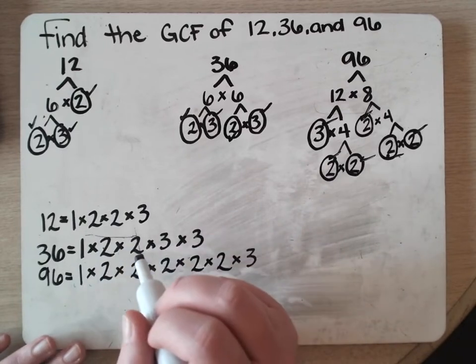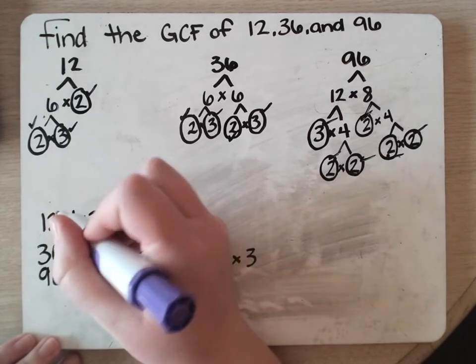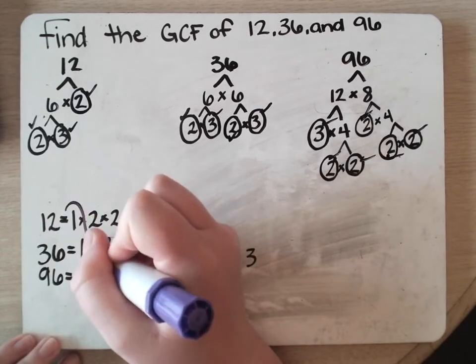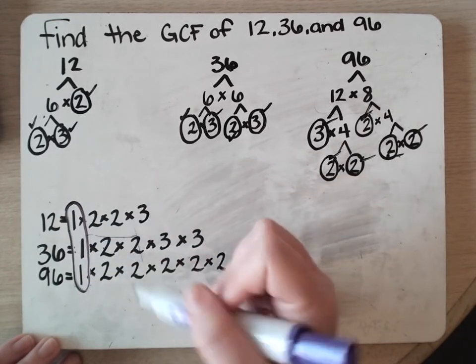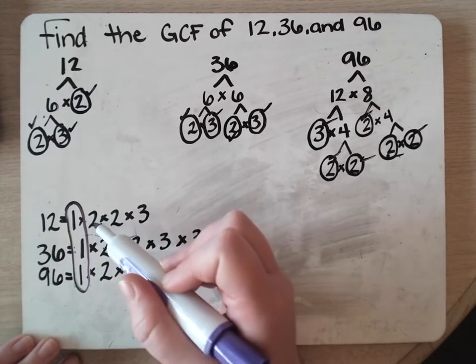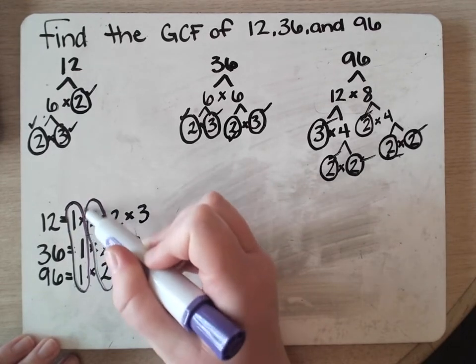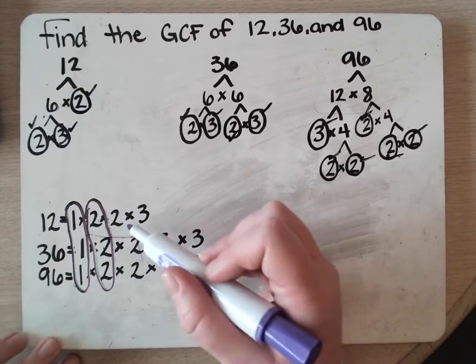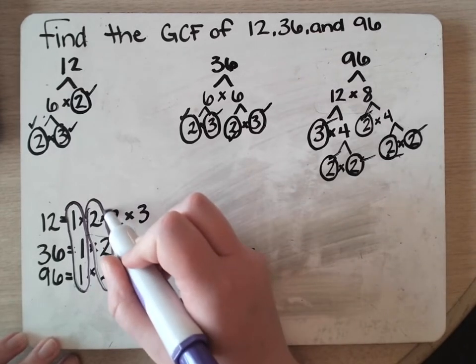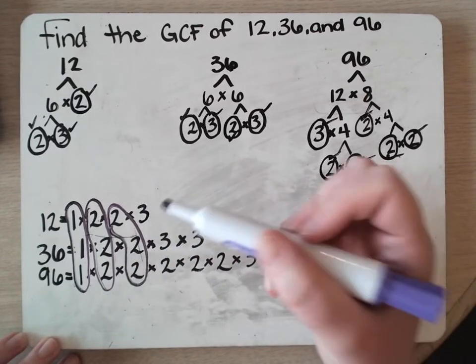That means there has to be that number in all 3 lists. So I have a set of 1's in all 3 lists. I have a set of 2's in all 3 lists. I have a 2, a 2, and a 2, so I'm going to circle those. I have another group of 2's in all 3 lists, so I'm going to circle those.